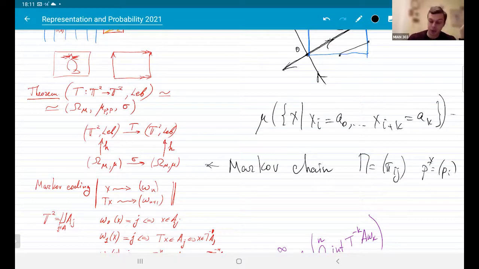Then you just say that its measure is the usual Markov probability. It is the probability that you start at the moment i at the state a_0, and then you have just the product of transition probabilities.